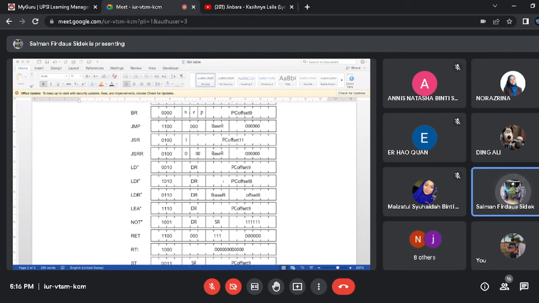This is the technique, and then process the data using add, not or and, and after finishing the process, send it back to memory using the store technique. If you look at the ISA table, there are 3 methods of storing.